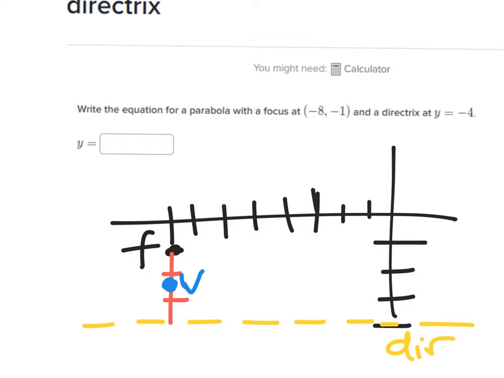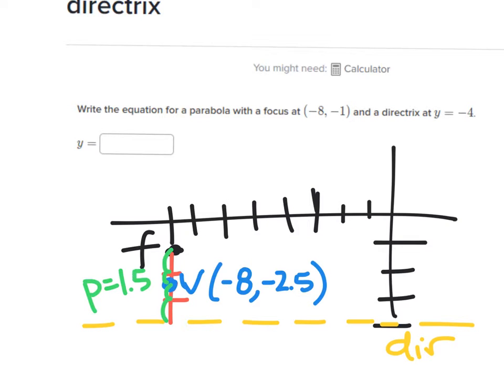The coordinates of the vertex are -8, comma, -2.5. I'll use decimals because that tends to be easier. We also know that p equals 1.5.